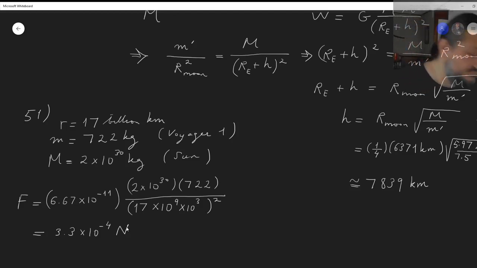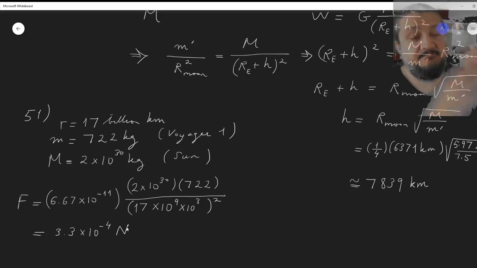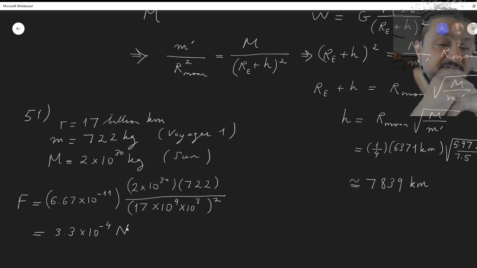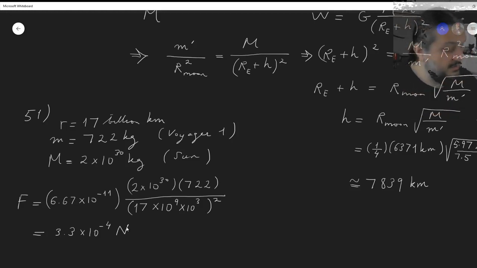Okay, very small. Let's check the answer. Chapter 2, 51: 3.3 times 10 to the negative 4th newtons. Okay, well, this problem was simply a plug-in formula, pretty much. So, nothing complicated here.